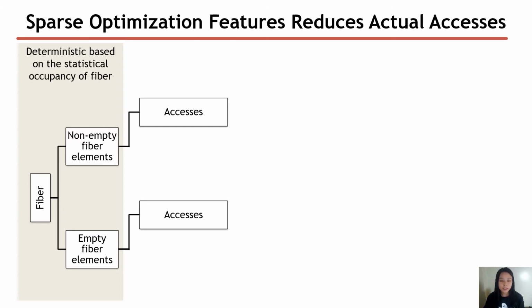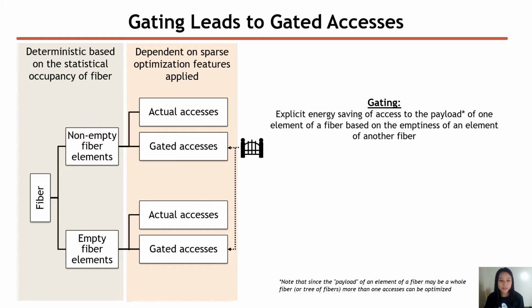The sparse optimization feature essentially impacts the number of accesses that we looked at. So it reduces the actual accesses into other types of accesses, and the first type is the gated accesses. The gated accesses are caused by the gating optimization.